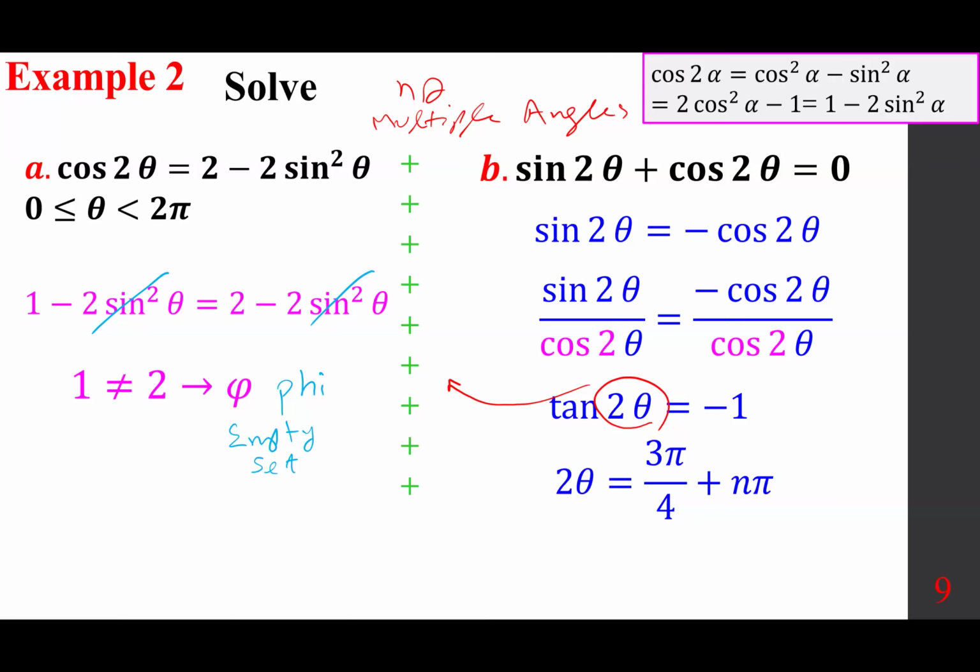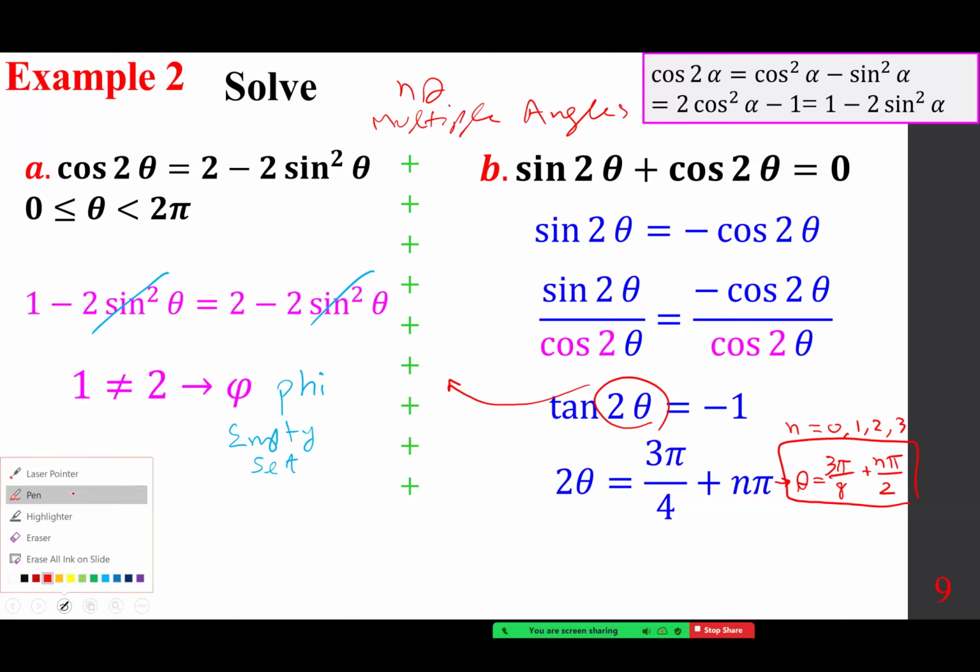So when we divide by 2, it gives us theta equals 3 pi over 4 divided by 2, which is 3 pi over 8, plus n pi divided by 2, and you choose n to be 0, 1, 2, 3.